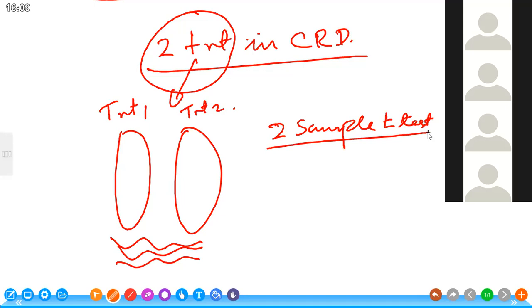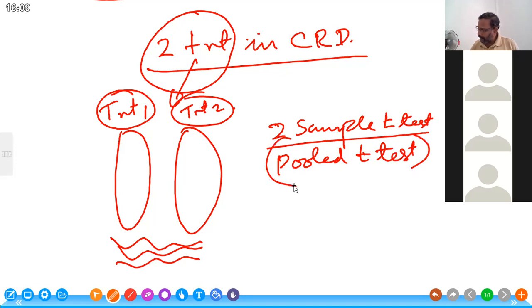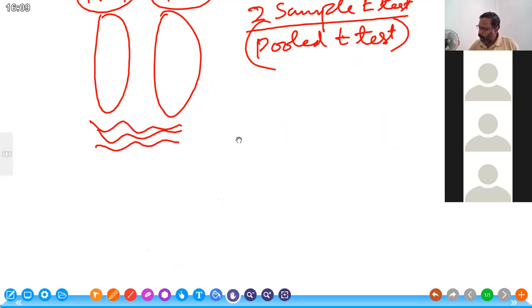Independent, because treatment 1 and treatment 2 are two different populations. How do you call this? Pooled t-test. We learned this in our previous course. So in the pooled t-test, we have two treatments, two groups.